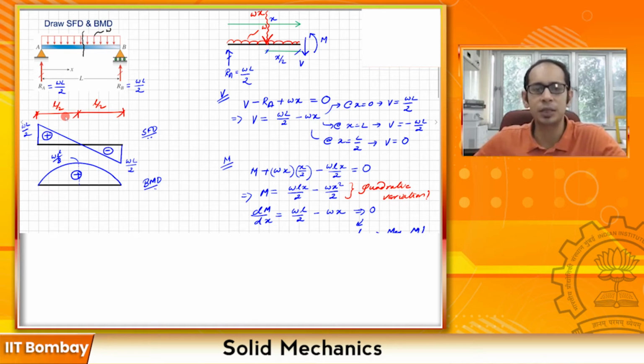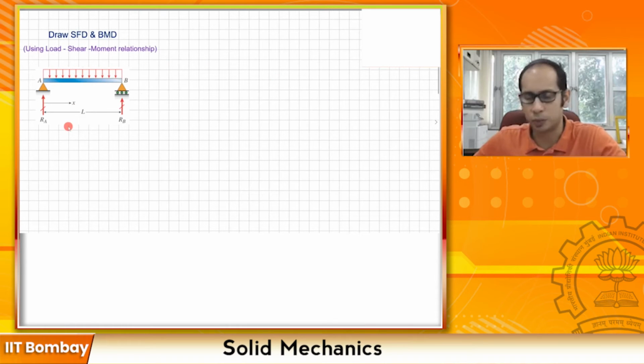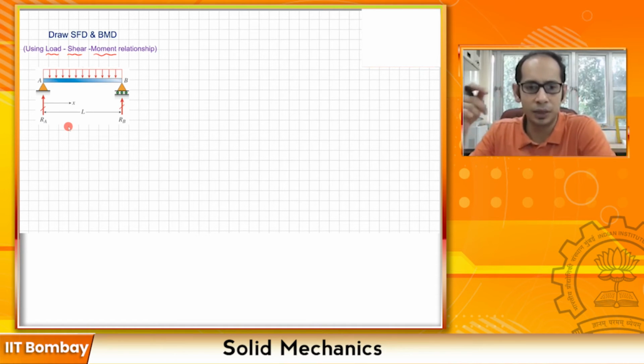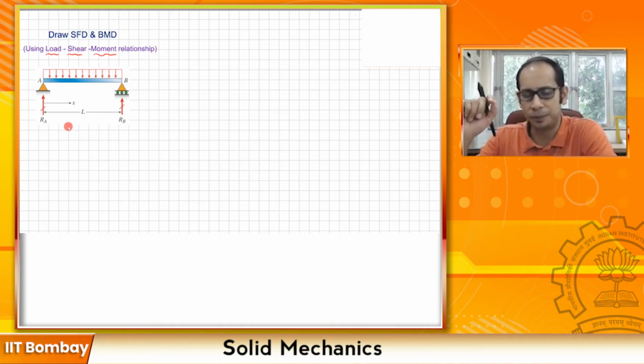Now let's see how we are going to solve this problem using the relationships between the load, shear and the moment. Before we start using these relationships, let's quickly write them down again.